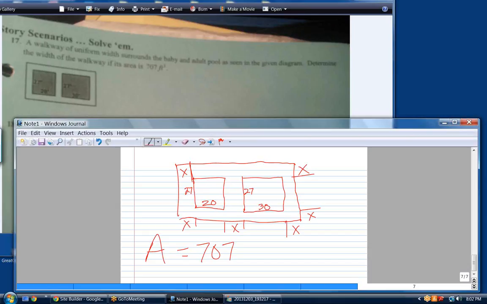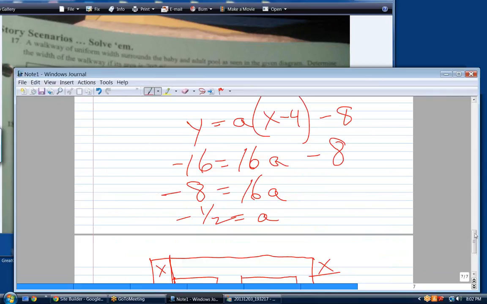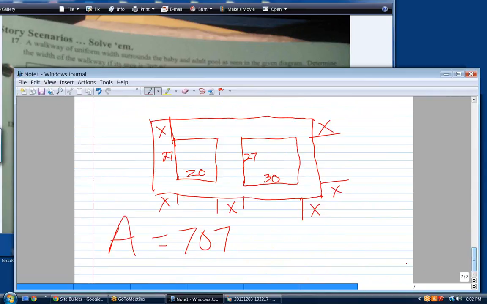But personally, I like a better way of doing this. The area of the walkway is the area of the big rectangle minus the area of the two little rectangles. What's the area of the big rectangle?